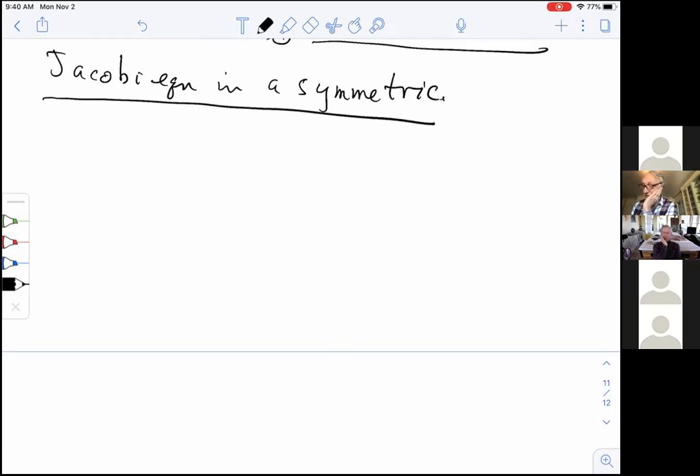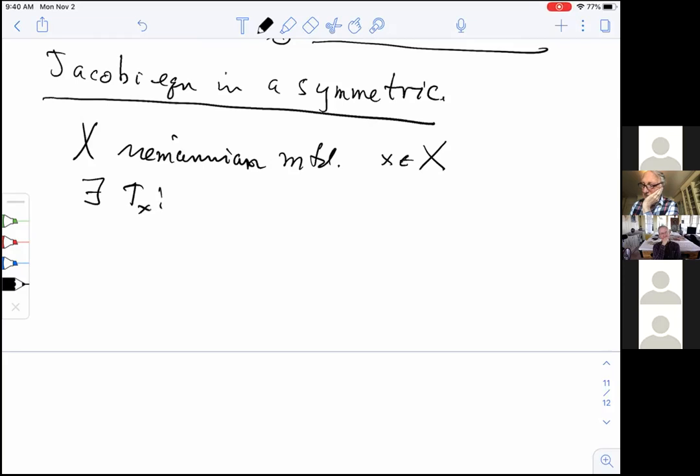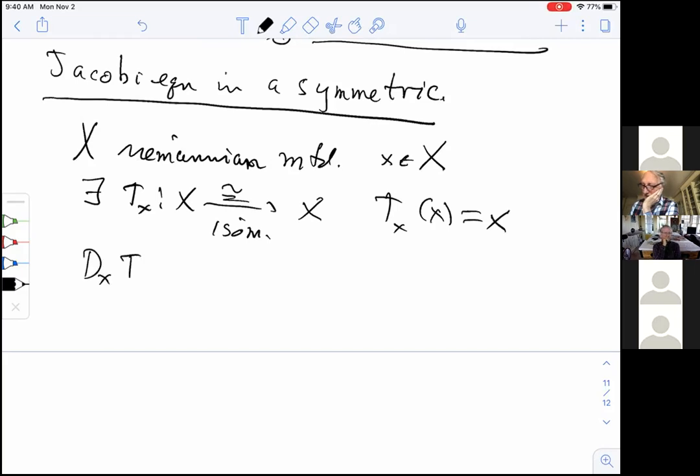So I guess I should remind you what a symmetric space is. X is a Riemannian manifold, and for each point x in X, there exists an isometry fixing x whose differential at x is minus the identity.